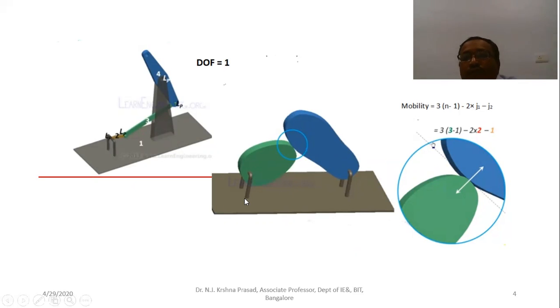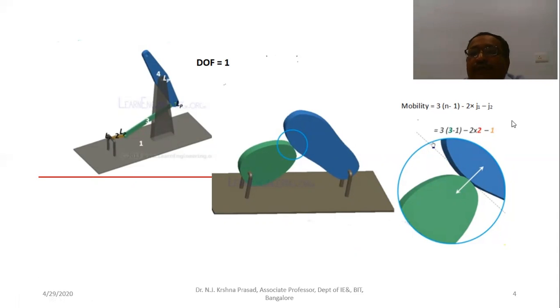So the number of 1 degree of freedom joints is 2. Number of 2 degree of freedom joints is 1.